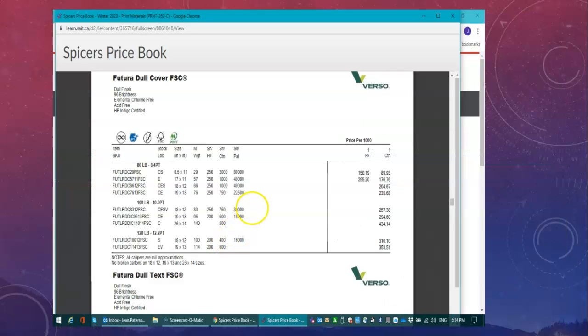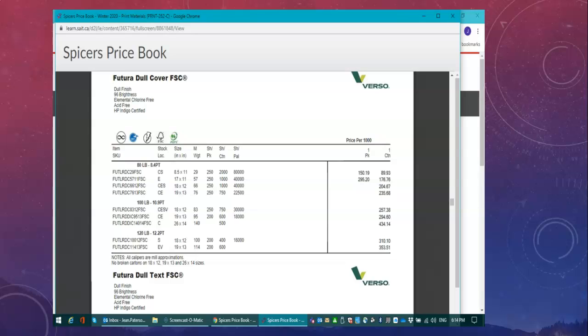So you can see here there's a lot of similarities. Verso is the paper manufacturer. Futura dull cover, Forestry Stewardship Council certified. So we could see here some of the characteristics. It's HP Indigo certified, which means that it's got certain coatings on it that absolutely run better through the digital equipment.